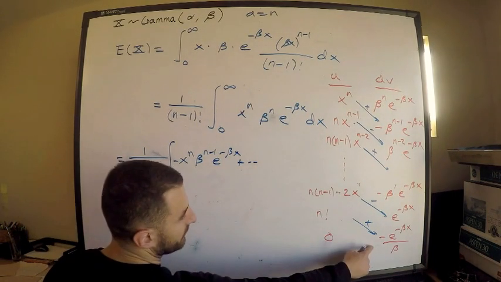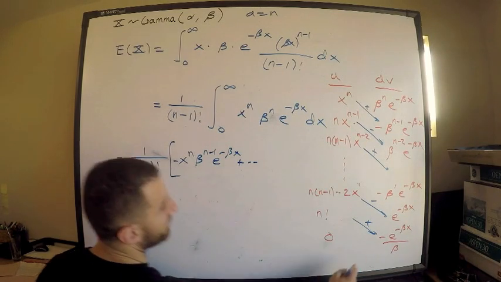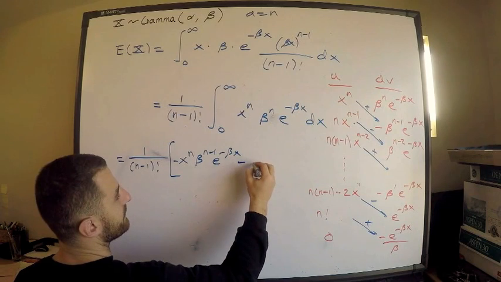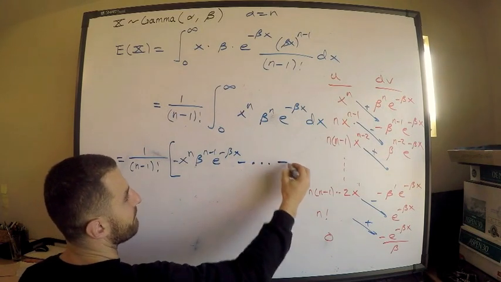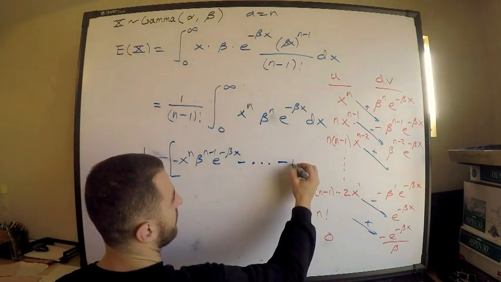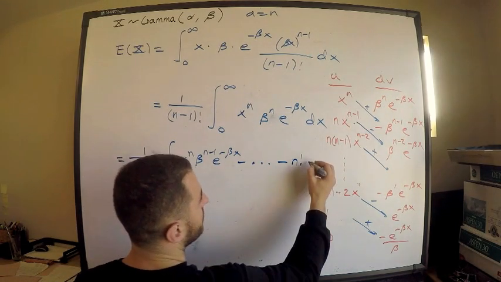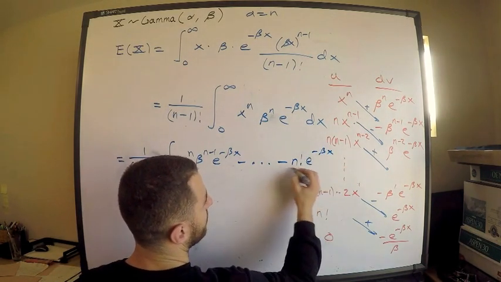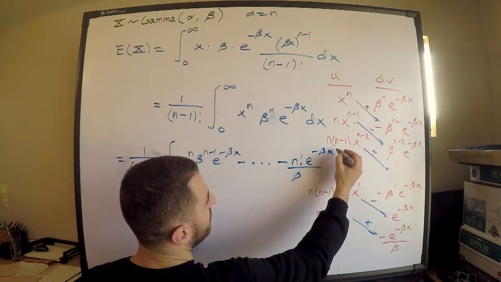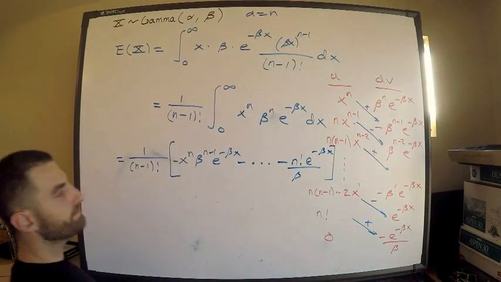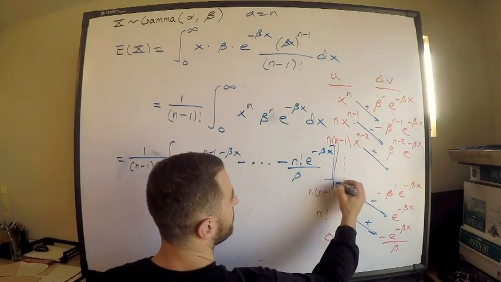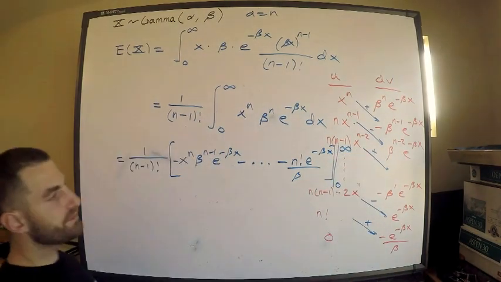All the way down to this piece. And then these are all actually minus. Minus and then dot, dot, dot. Minus this one, n factorial e to the negative beta x over beta. Okay? Going from 0 to infinity.